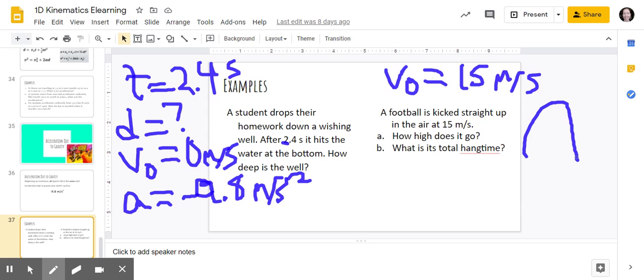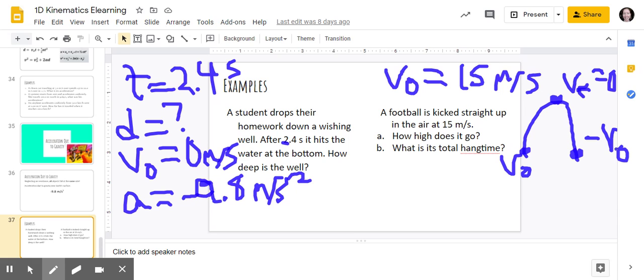So we've got this football that's kicked up in the air. Right up here, our velocity final is going to be 0. So that's our velocity final trick. This will be v naught. And this one down here is going to be negative v naught. Okay, so keep in mind that we have a final velocity up here, and we can kind of split this problem into two pieces.